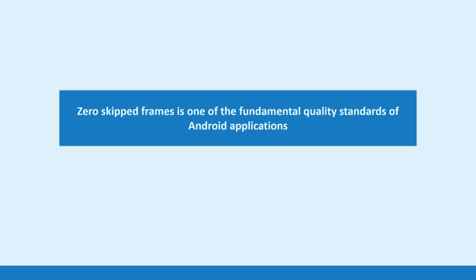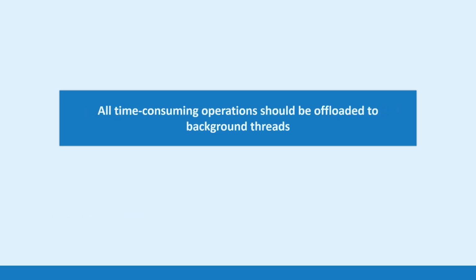But users on these devices are usually also accustomed to applications not performing at their best. Therefore, just test your application on reasonable devices and make sure that it doesn't skip frames there. The immediate corollary from this discussion is that all time-consuming operations should be offloaded to background threads. This is a very important rule to follow in your application.